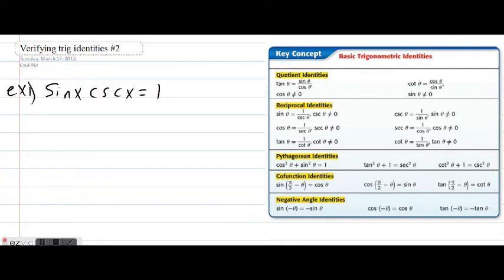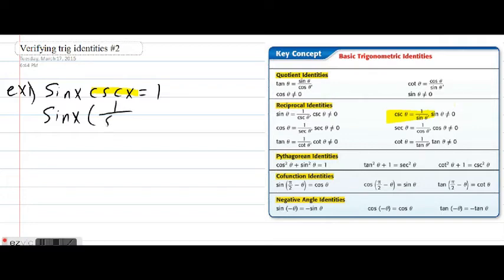Alright, now let's go through it together. Sine of x, I'm going to leave alone. But I'm going to take cosecant of x and rewrite it.